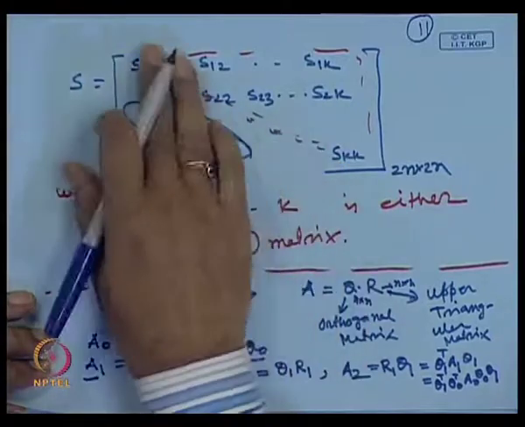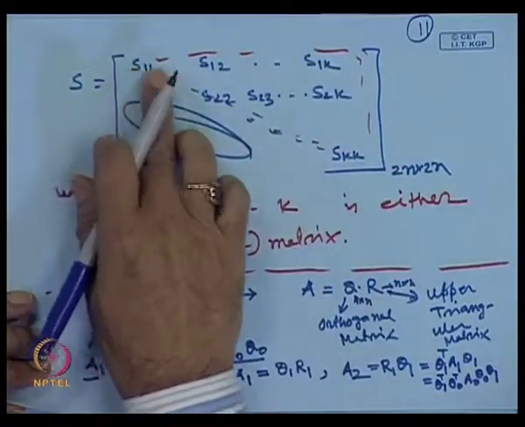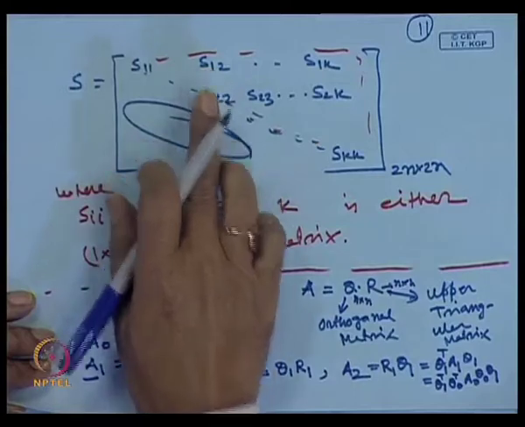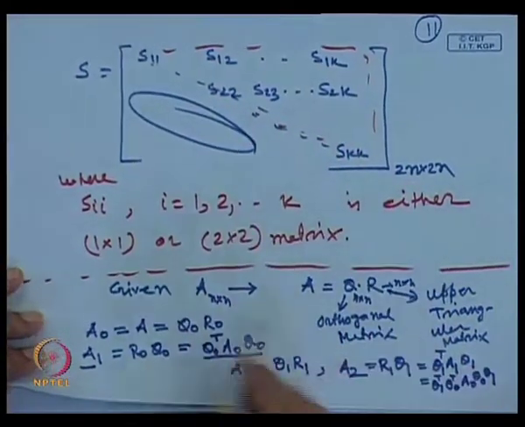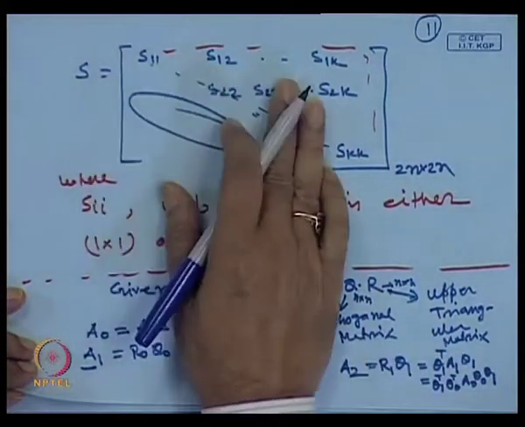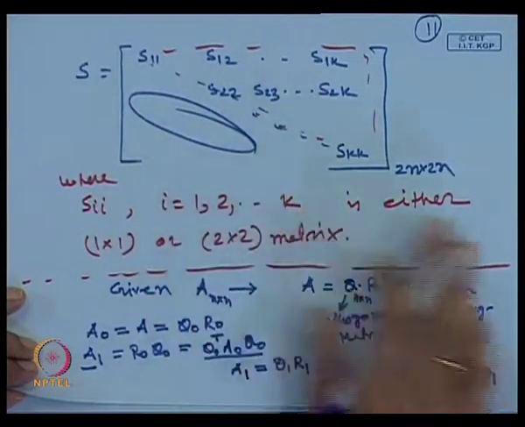So it is an upper triangular structure, and each diagonal block is either 1 by 1 or 2 by 2. And how do we convert this using the QR decomposition method?